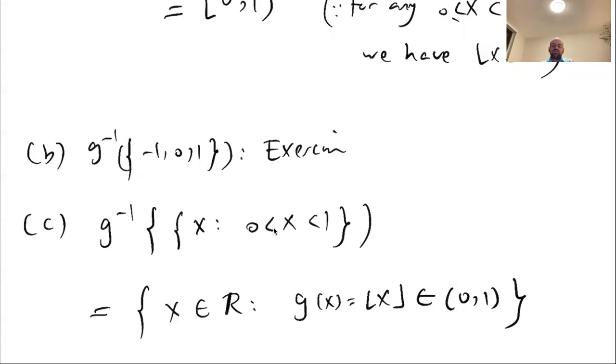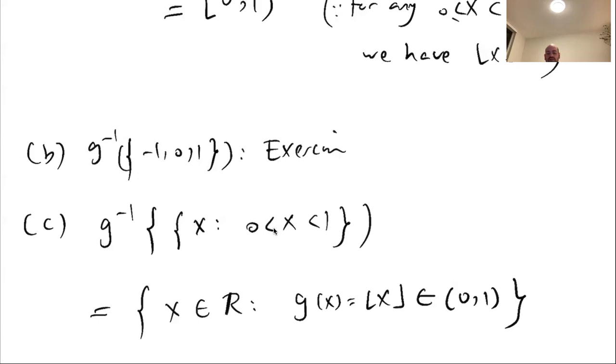Let's think about it. For example, 0. What is the output for 0? It's 0 itself. It's not inside this set because it's an open interval. 0.1, for example: the output is also 0, and again 0 is not in this open interval. 0.6: again the output is 0, it's not in here.